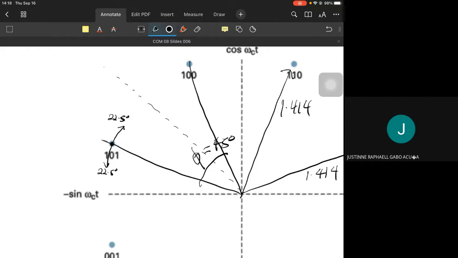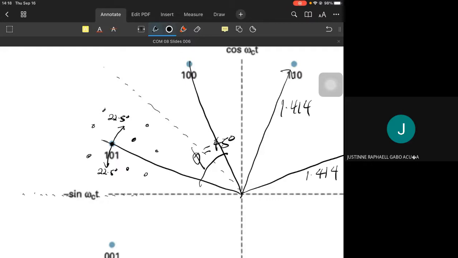So the other line is the axis. Any symbol lying anywhere here will still be read by the receiver as 101.